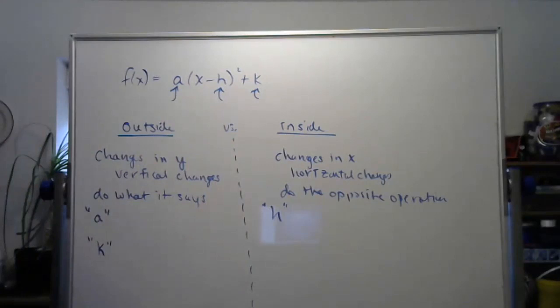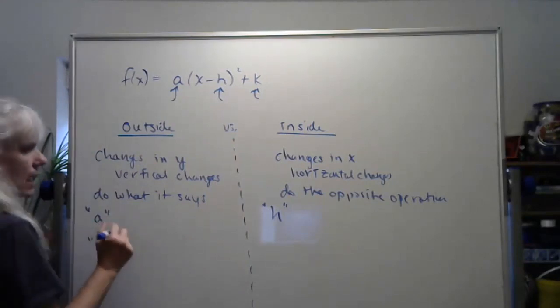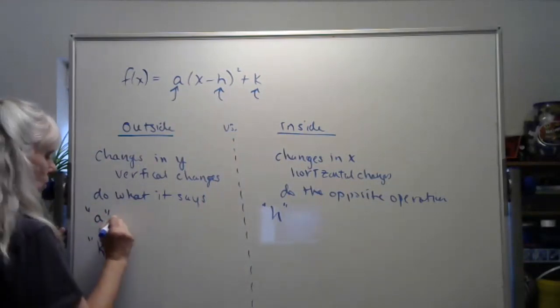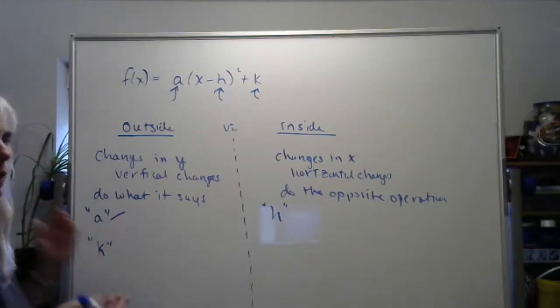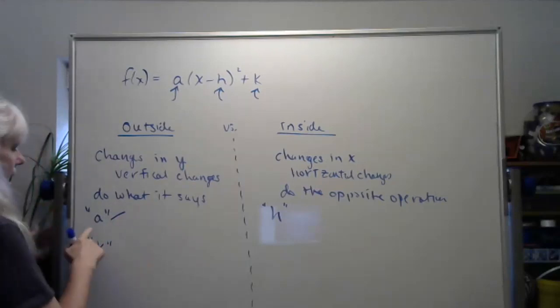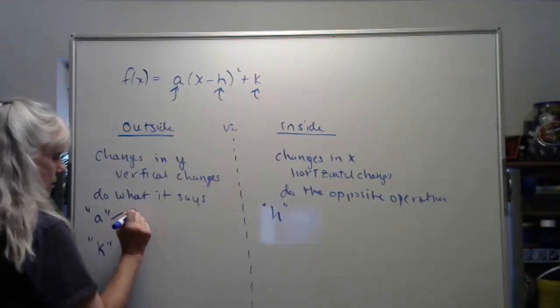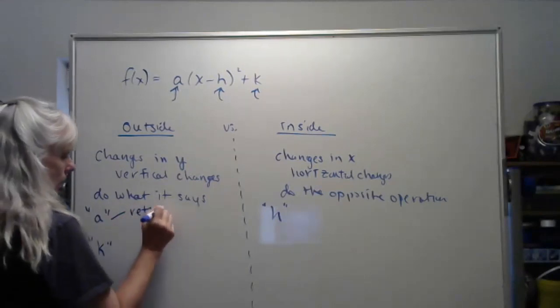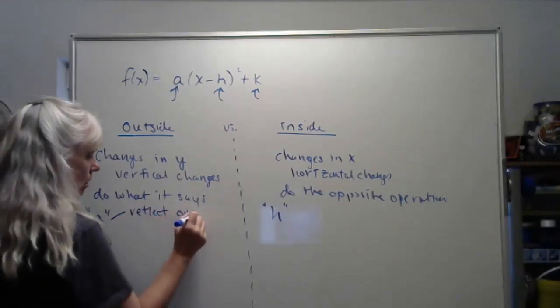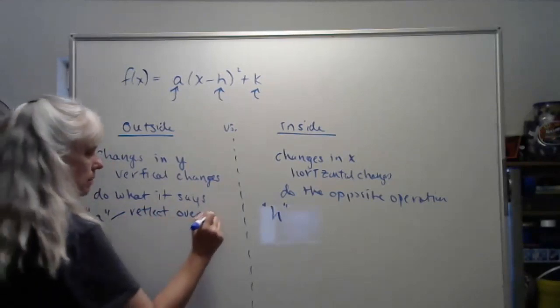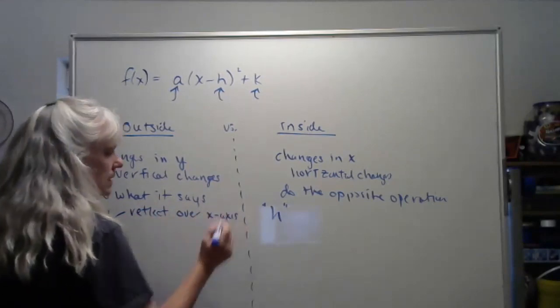Okay, so the a that's out in front actually tells me two things. It tells me where we reflect it. So the a out in front is going to tell me it's a reflection over the x-axis. That's if a is negative.